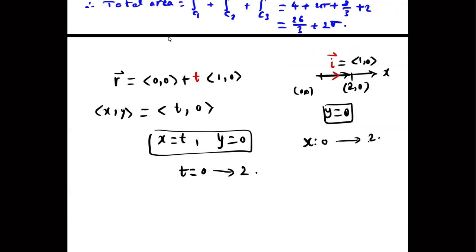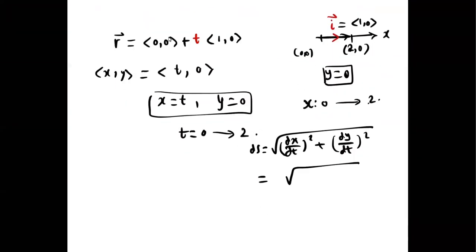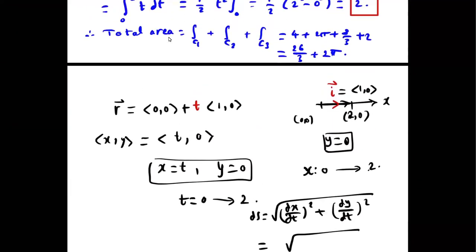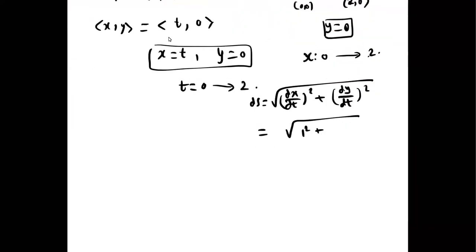Why is that? Because x is t. So therefore, we have ds equals square root of dx/dt all squared plus dy/dt all squared. This is clearly dx/dt is 1 plus dy/dt is 0. So we get 1, and ds is here dt.